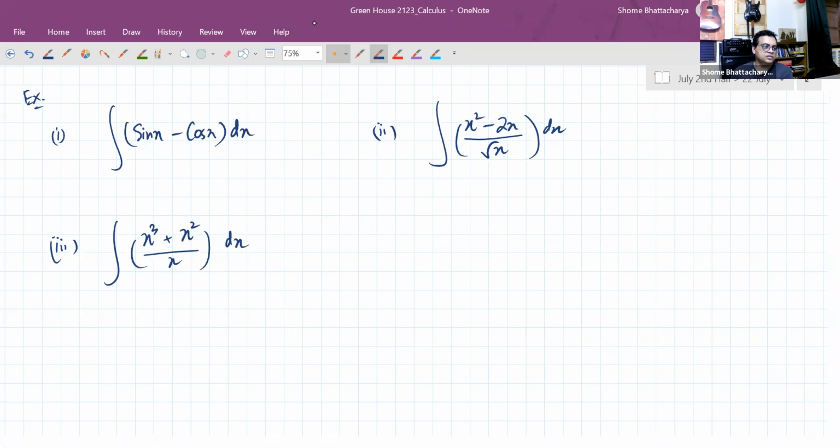Okay, just work out these three integrations and send me the answers on the text message if possible.